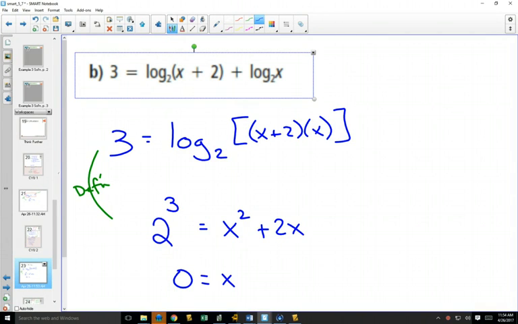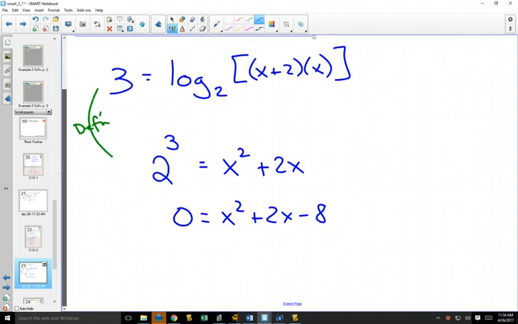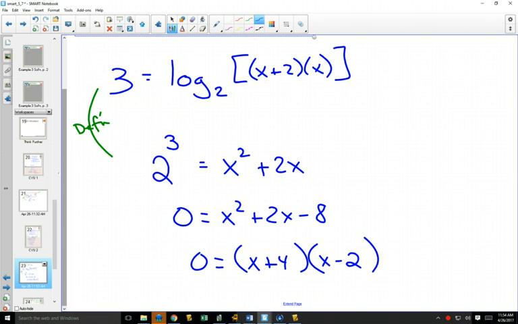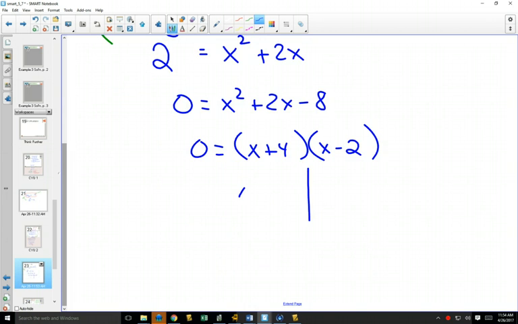Make one side equal to 0. And factor. X plus 4, x minus 2. So we get x is equal to minus 4 and x is equal to 2.